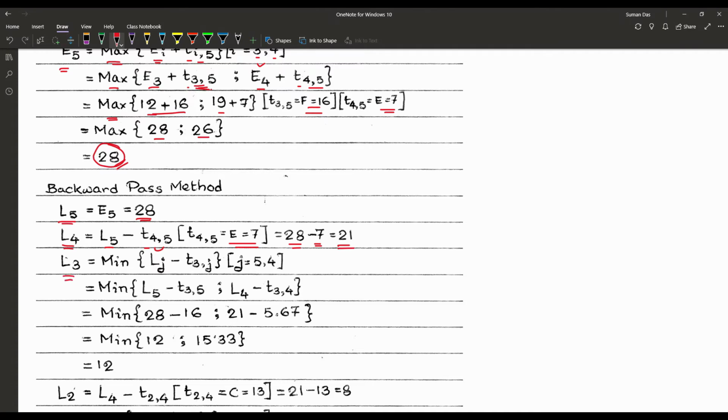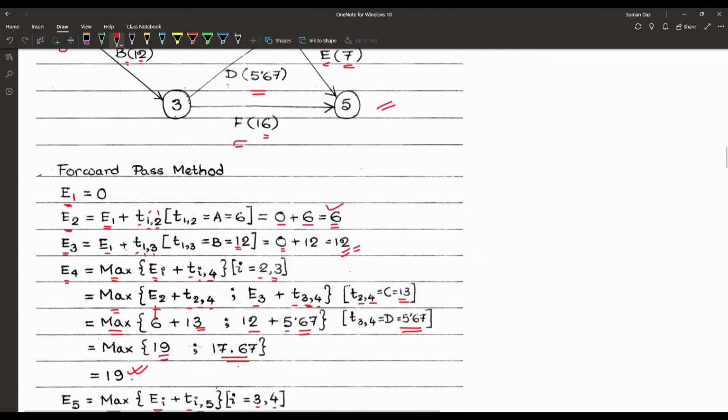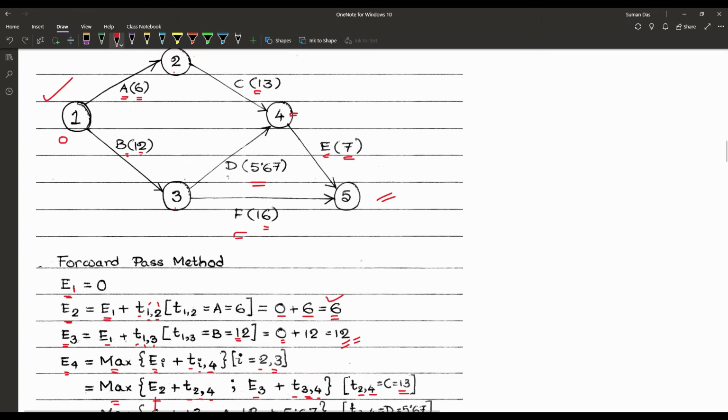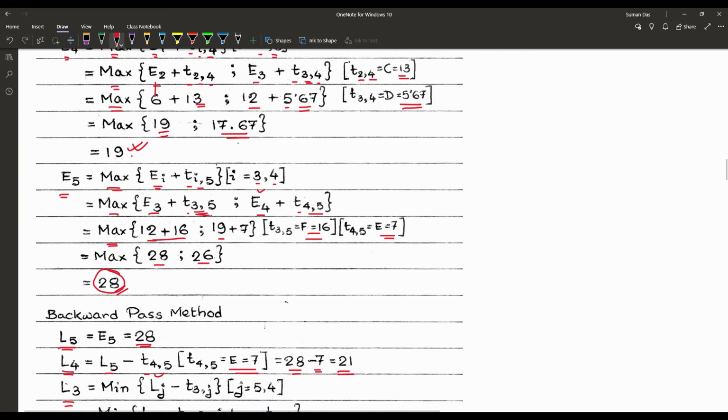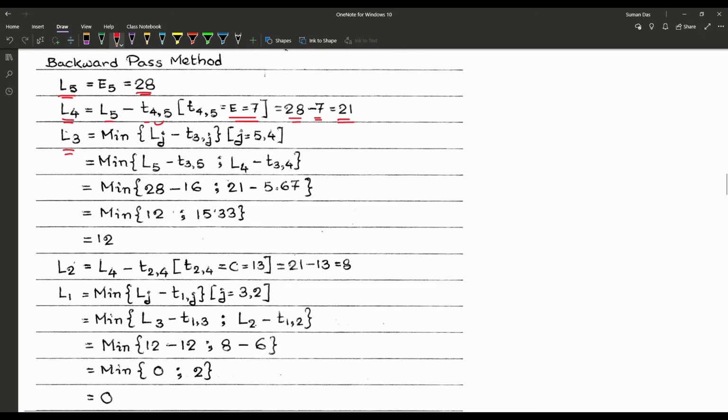Then L3, that means we are reaching node 3. Now when we are reaching node 3, it may be from 4 and 5. For 4 that is D, the activity path, and for 5 that is F. That means 5.67 and 16 are the durations. So that means minimum of Lj minus T3 to j, and the j values are 5 and 4.